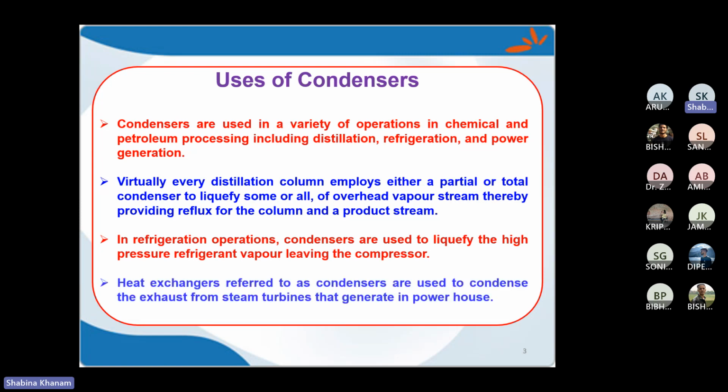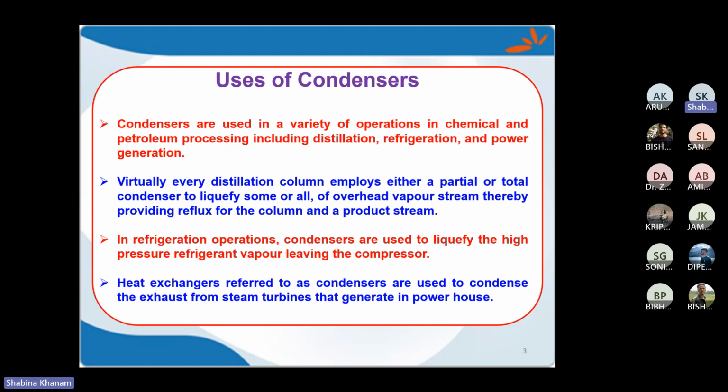Next is use of condenser in power generation. You must be aware of the Rankine cycle. In the Rankine cycle we have preheating of the water, then boiling to get the steam, and then turbine, and then condenser, and after that it comes through pump.